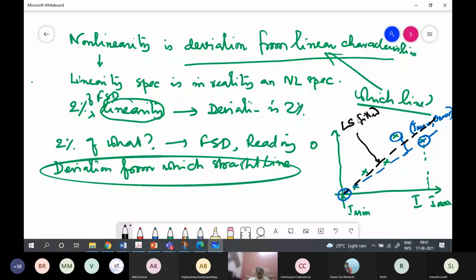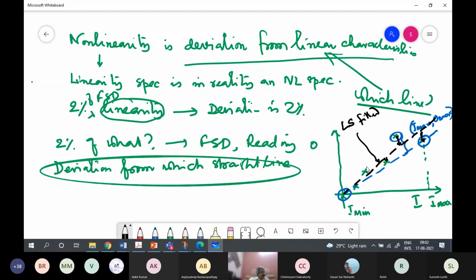Now if you give your nonlinearity specification with respect to this line, it will look better because these errors are going to be smaller, and the customers are going to like it.